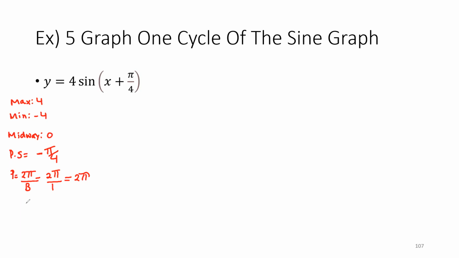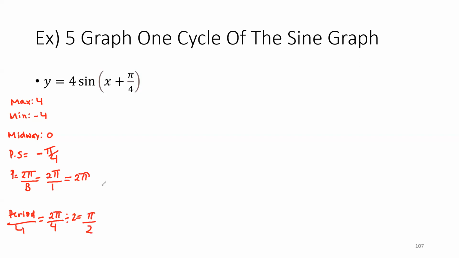And then what else? Oh yes, the critical value. So it's the period over 4. So the period is 2 pi. Divide that by 4. That could be reduced by 2. So that would be pi over 2.